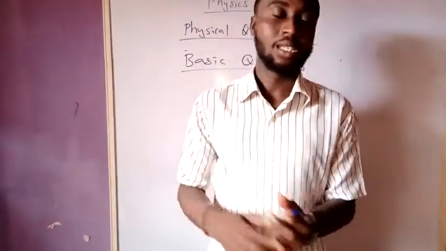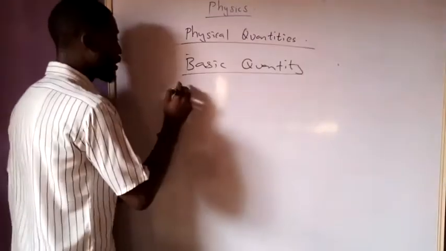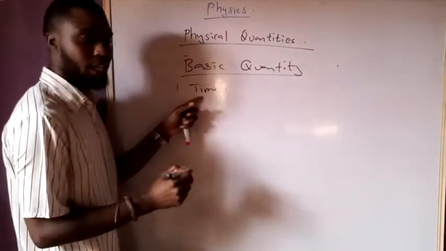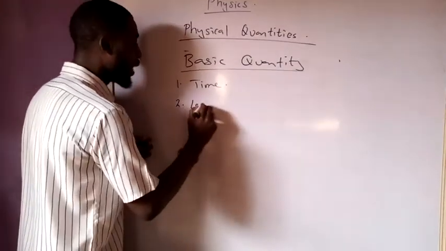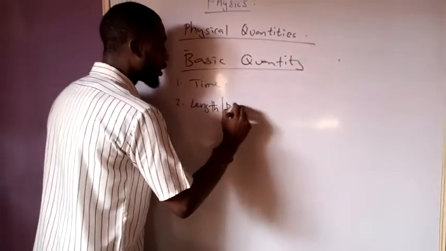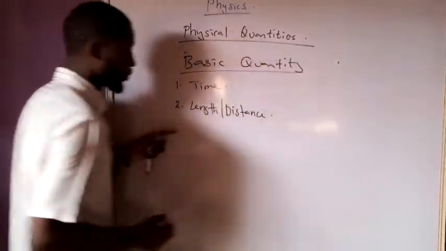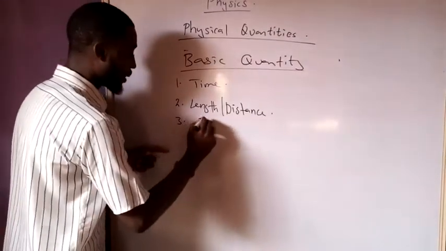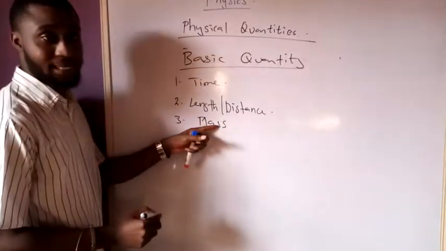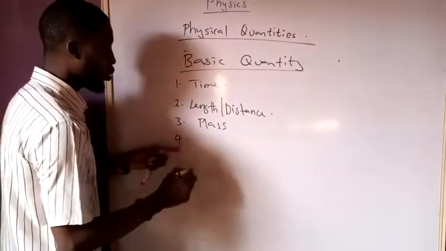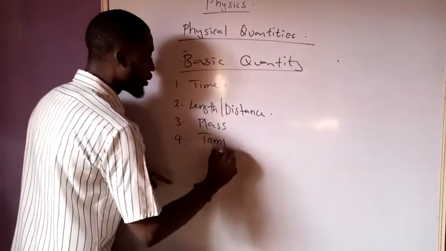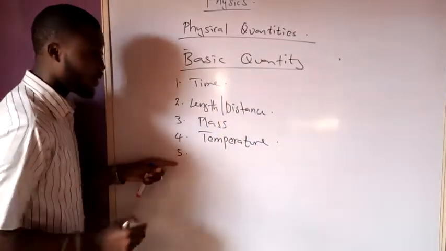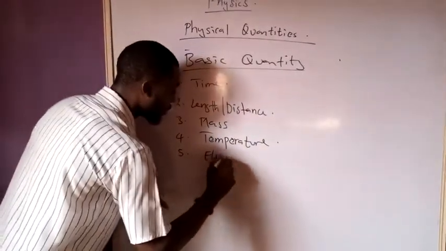That's what we refer to as basic quantities. And examples of basic quantities are: one, time. Two, length or distance. Three, mass. Four, temperature. Five, electric current.